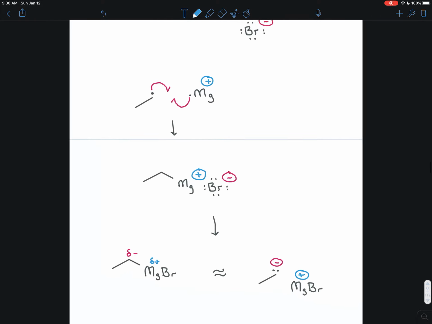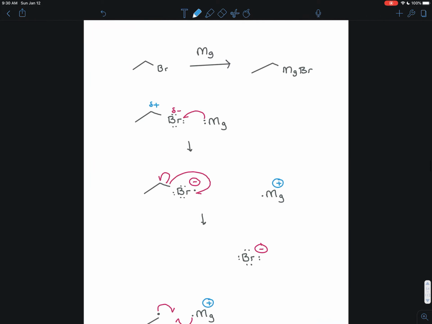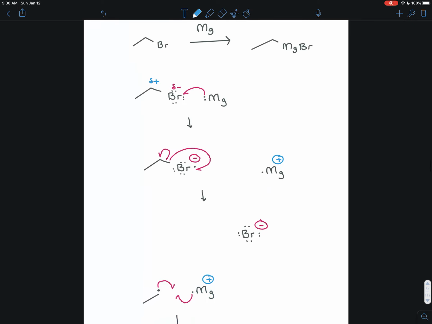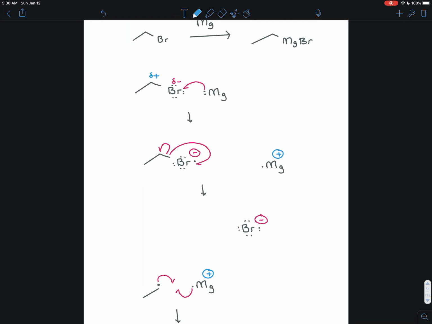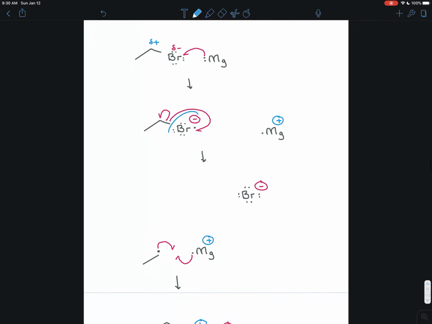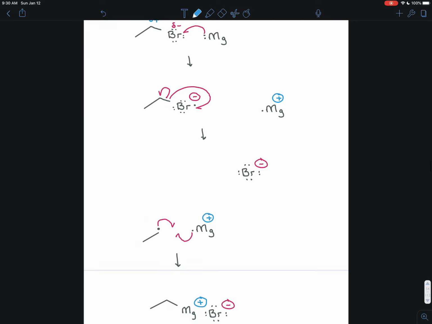So you can see that that magnesium inserting itself really happens through a radical mechanism. Magnesium gives away one electron when it bumps into the halogen, or the bromine, usually, of the alkyl halide. That makes that bromine a little unstable, so it steals one electron from the bond nearby, and that causes it to leave as a leaving group.